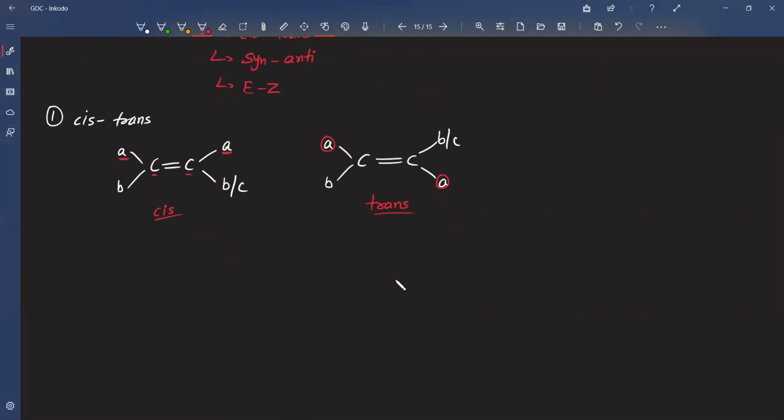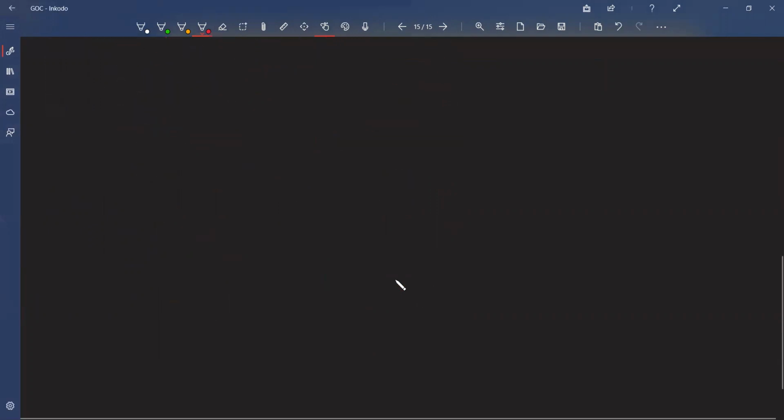So this was cis and trans, and you know where will be cis and where will be trans. But what if the structure is like this? What if the structure involves this? Here we know that there is a single bond and a lone pair.